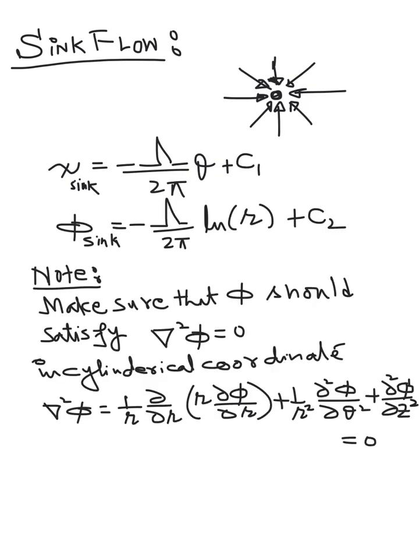An important note to mention here is that this phi function should satisfy this condition that we have obtained for an irrotational flow. So you can substitute the value of phi here and check that. And this del square phi has a definition in cylindrical or polar coordinates, this definition. So you can easily check that.